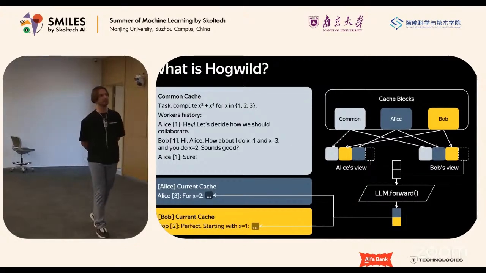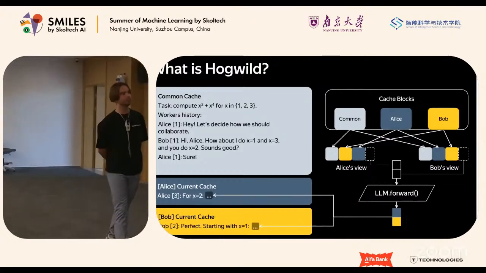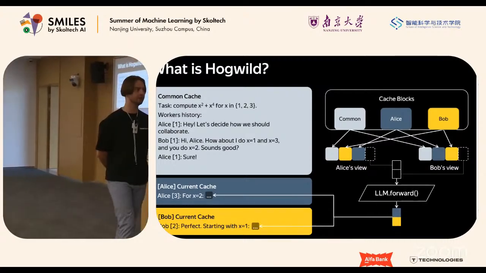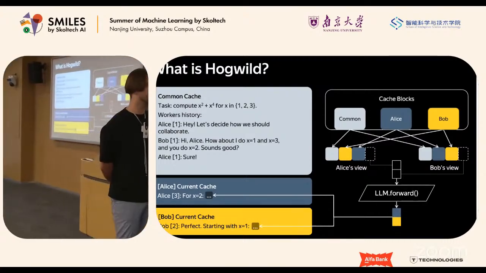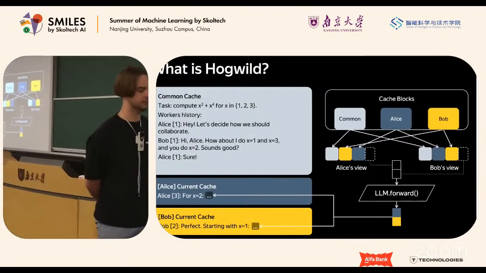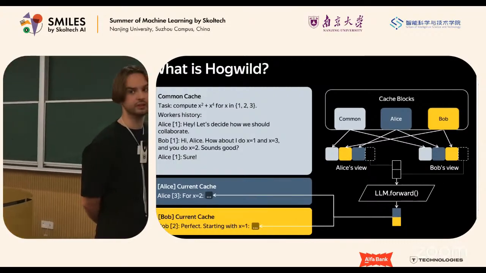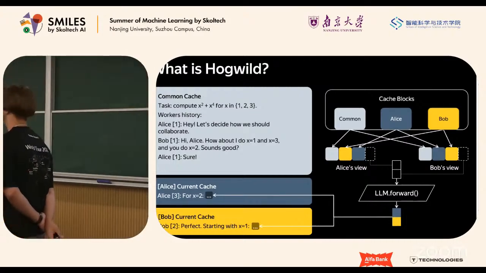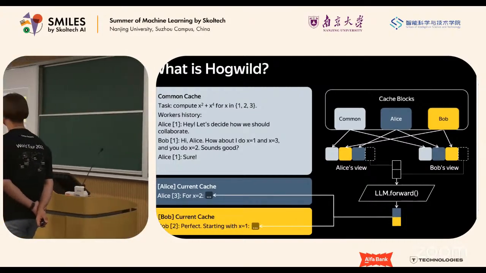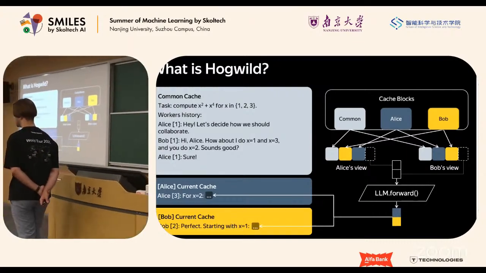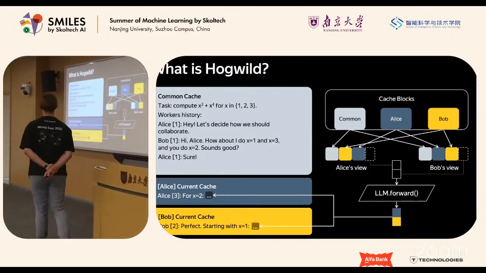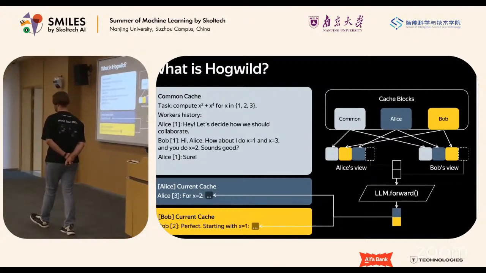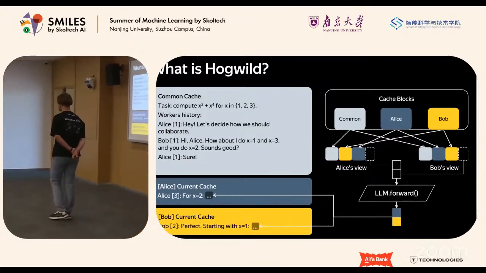Let's start with the simple idea that we want to have a few agents, for example, Alice and Bob, which are solving the problem you are given in parallel. The expected behavior is for them to cooperate with each other while seeing each other's outputs in real time.